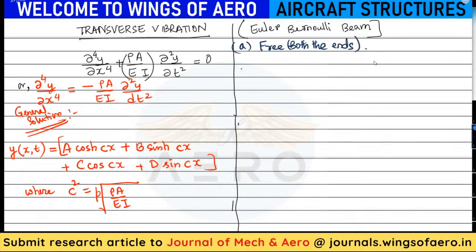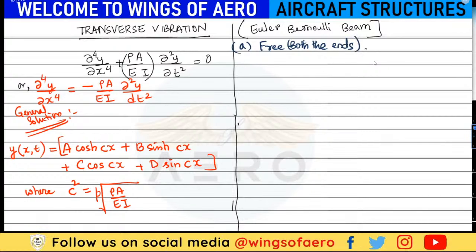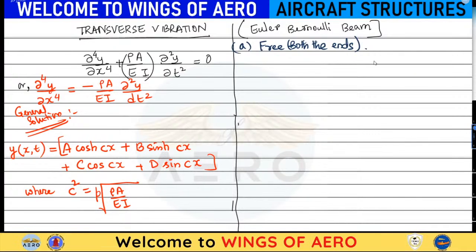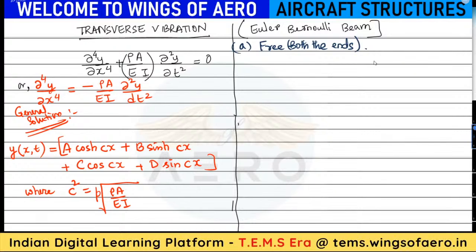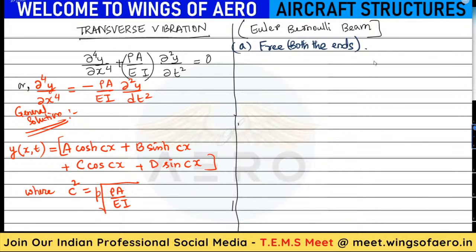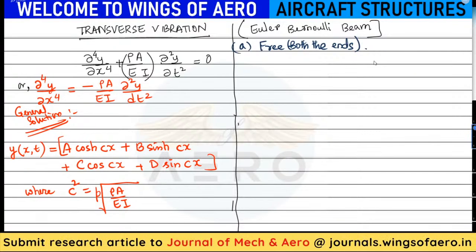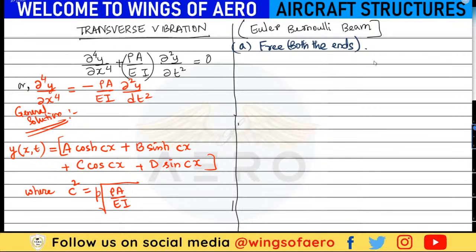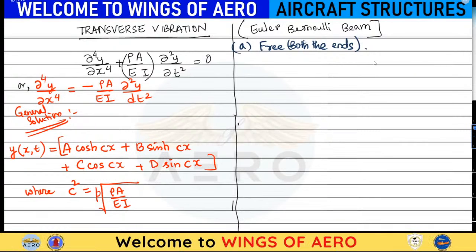In this transverse vibration, previously in longitudinal vibration, for each case we had two boundary conditions, one for x is 0 and another when x becomes L. But here we will have four conditions. For each and every condition, that is, when both the ends are free, we will have four boundary conditions.